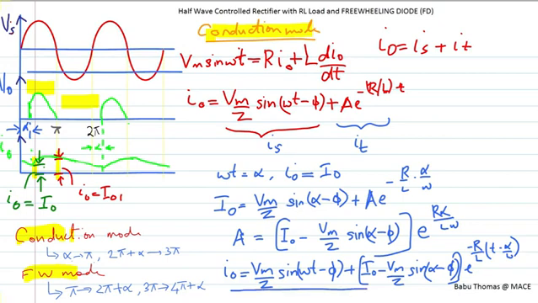So this is your equation for the current I naught for the period omega t equal to alpha to omega t equal to pi.